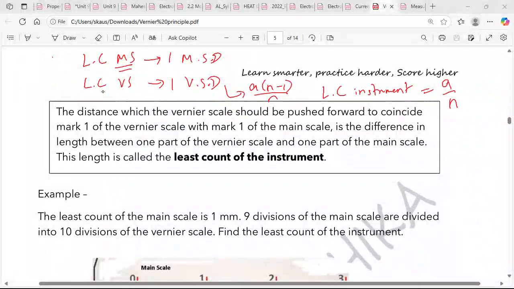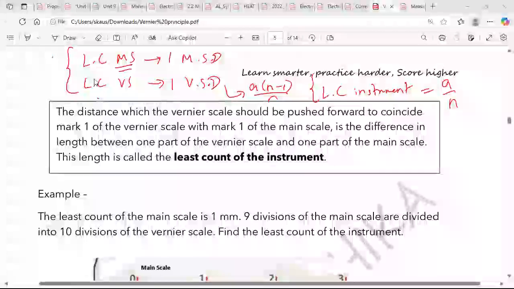Right? So this is important as well, differentiating what the least count of the instrument means. Vernier scale has a separate least count. We don't need that, I mean, that's useless actually. If you want, you can write these points. These can be asked in MCQ sometimes, but it's easier to understand.